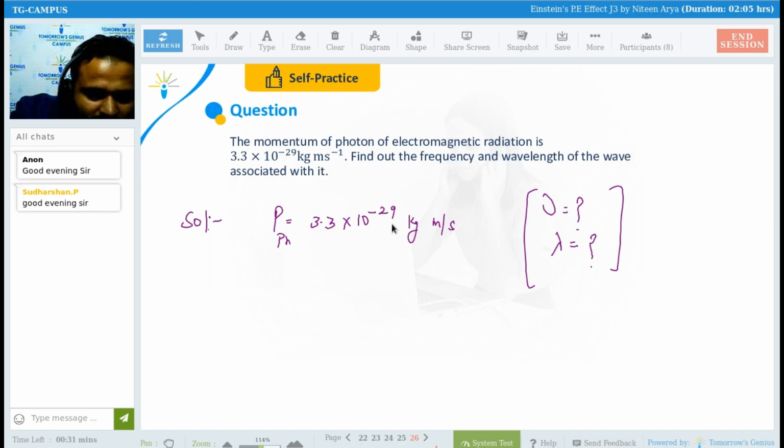Just one page below, on the last page, I gave you what the photon momentum is, in terms of frequency and lambda.